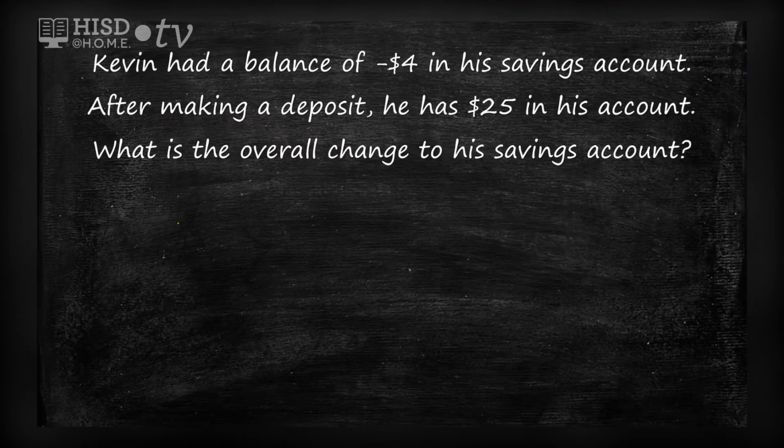Kevin had a balance of negative $4 in his bank account, and after making a deposit, he has $25 in his account. What is the overall change to his savings account? So in order for us to do this, I'm going to draw a number line very quickly. I am going to start with negative 5 because I'm going to go up by 5.